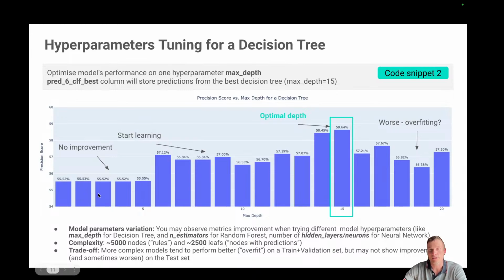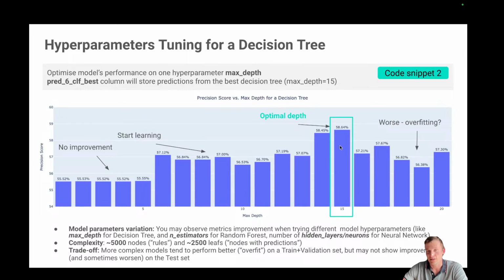But after depth 6, the model starts to learn. You can see that now we can predict 57% of correct classes, and then at some moments we can predict 58 or even almost 59% of classes.